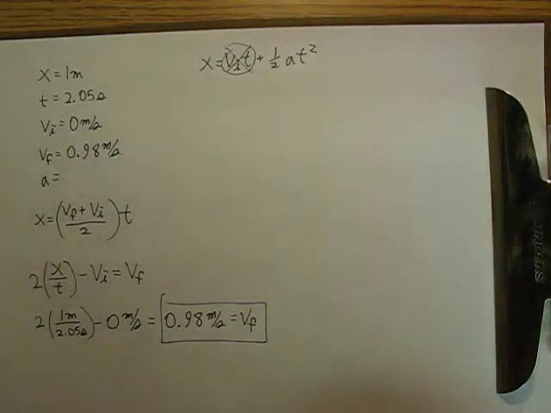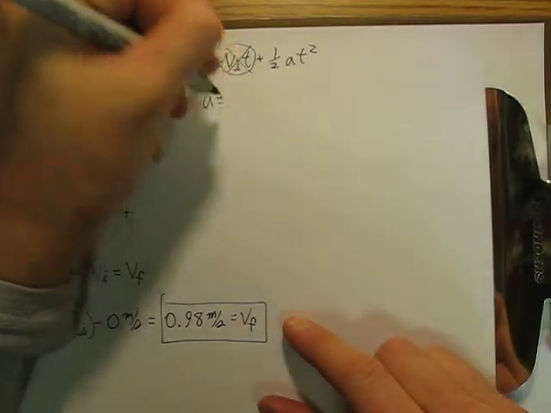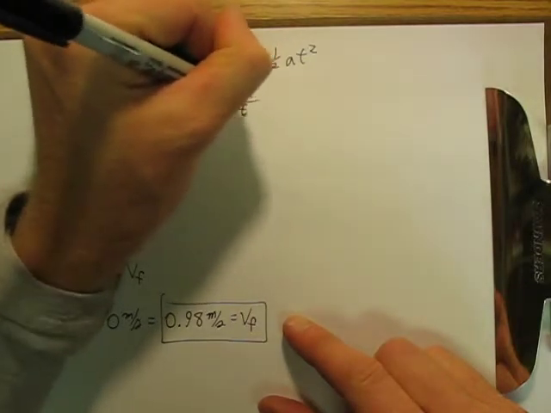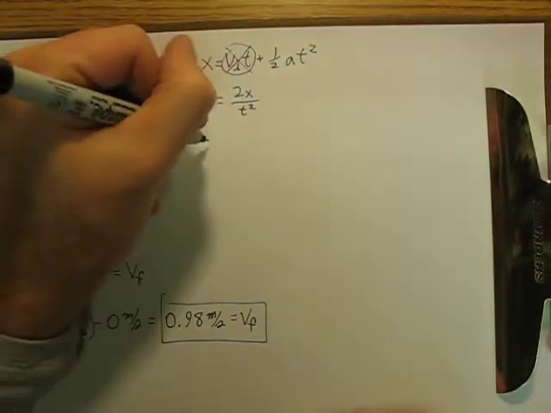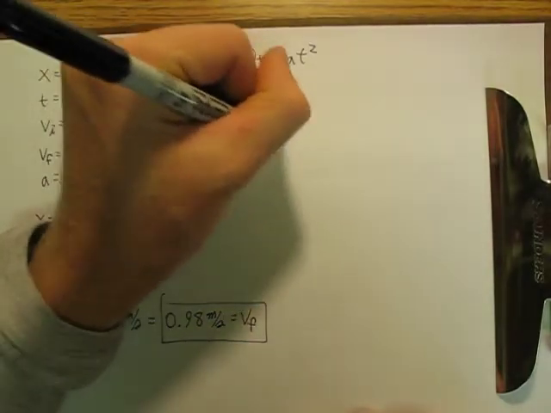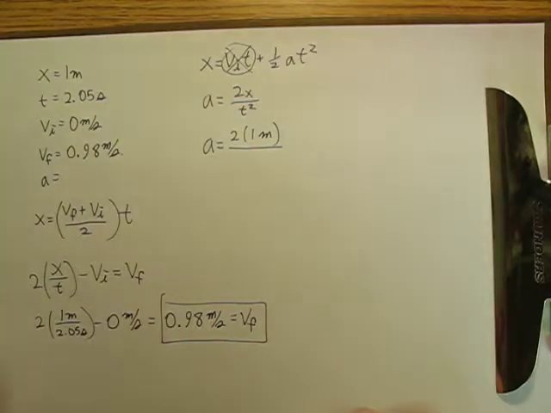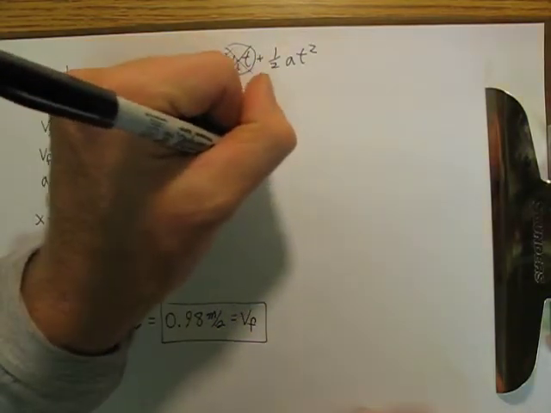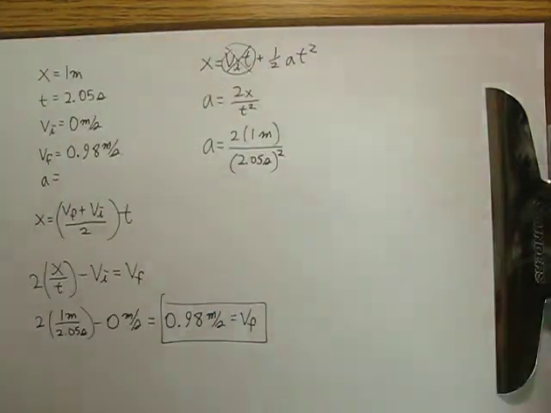Now, take a second to rearrange that equation to solve for A. You should have A equals 2X divided by T squared. So A should equal 2 times 1 meter divided by T squared, which is 2.05 seconds squared.